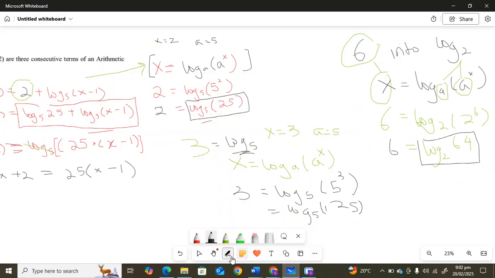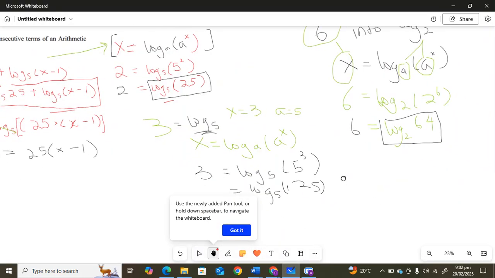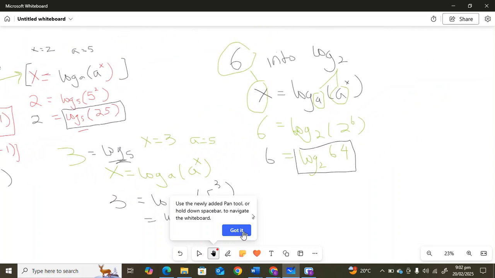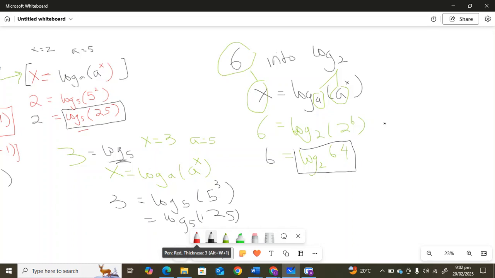Okay, just to make sure we're all okay with that, as I'm explaining to Mr. Foster, convert 4 into log base 5.